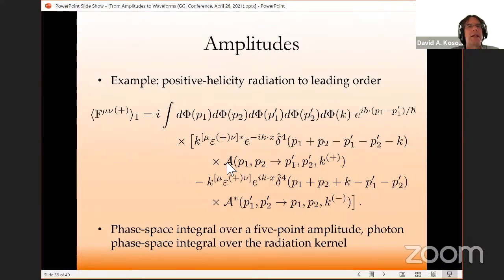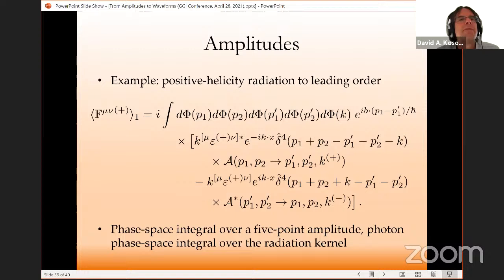Now, I'm not going to have time to review that part of the original paper, but essentially the integration over the massive particle phase space of the scattering amplitude, appropriately decorated, gives you what we call the classical radiation kernel. Here, the waveform is essentially just the integral over the photon phase space of that kernel.